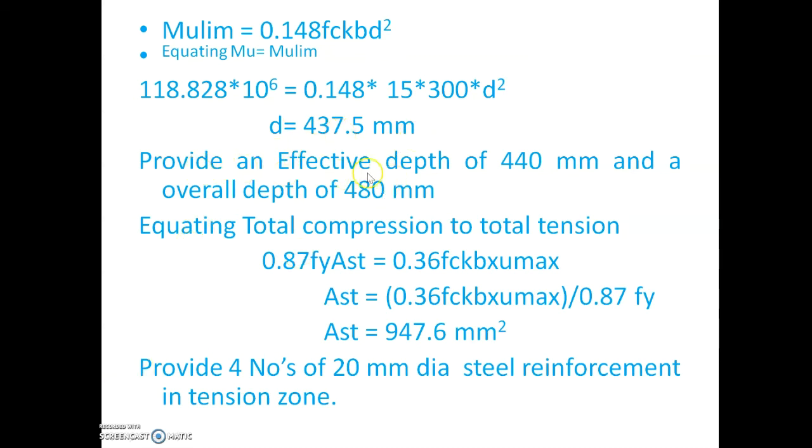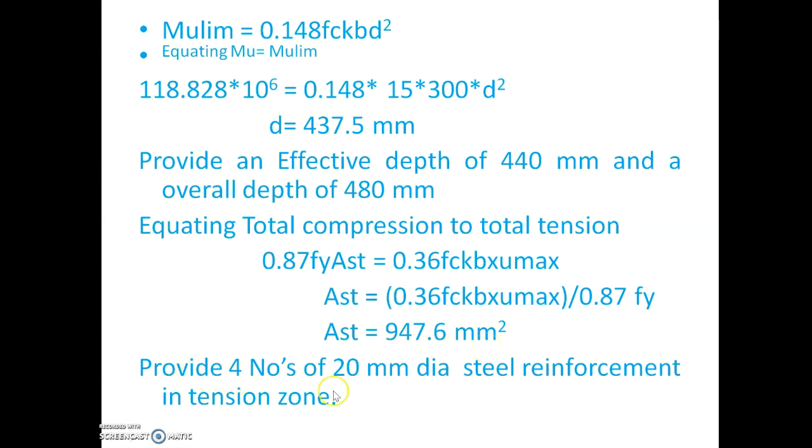So finally provide an effective depth of 440 mm and overall depth of 480 mm by assuming the effective cover as 40 mm. Then equating the total compression and total tension, that is 0.87 fy Ast is equal to 0.36 fck b xu max. We will get Ast is equal to 947.6 mm square.